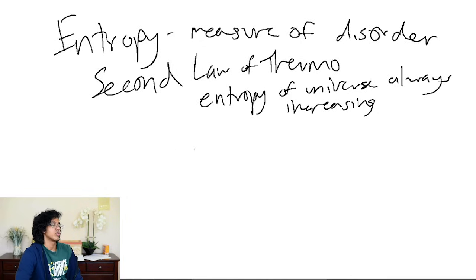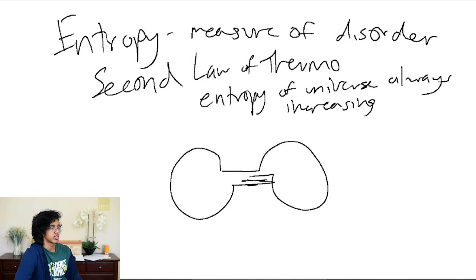The other definition of entropy is a state definition, which basically says the more possible states you have, the more entropy you have. So let's say we had two gas chambers, and we had two gas molecules. Then there's basically three positions it could be.